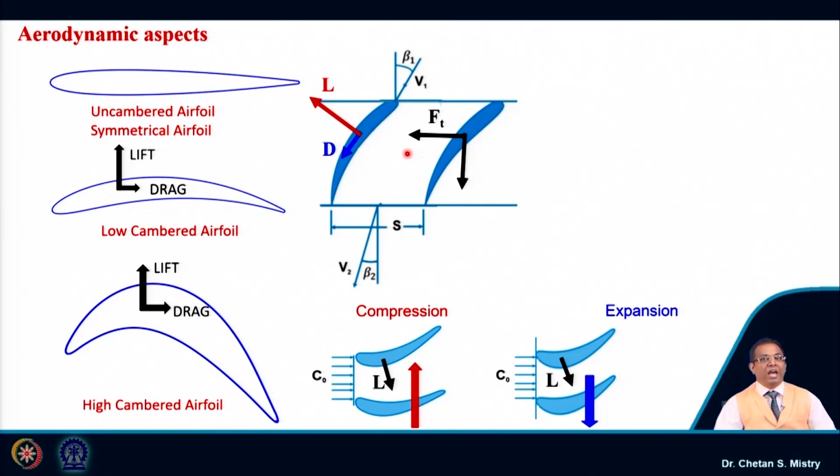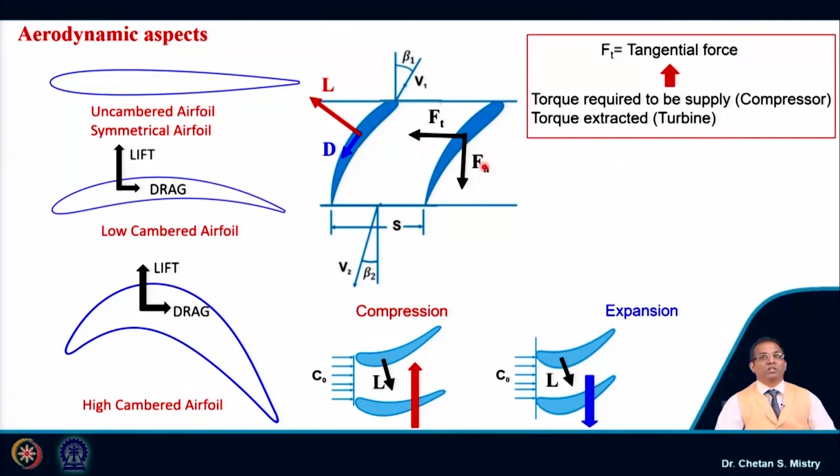I represent these as Ft and Fa. Here we need to realize that Ft is representing my tangential force, and Fa is representing my axial force. Now, if you recall what we have discussed, this tangential force is basically responsible for my work extraction or work consumption.